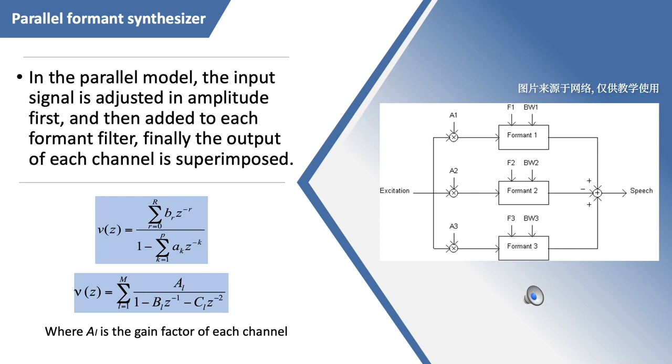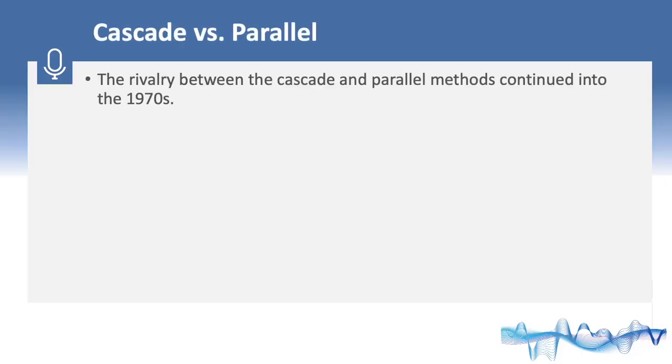In the 1950s and 1960s, people debated whether parallel or cascade synthesizers were better. The rivalry between the cascade and the parallel methods continued into the 1970s.